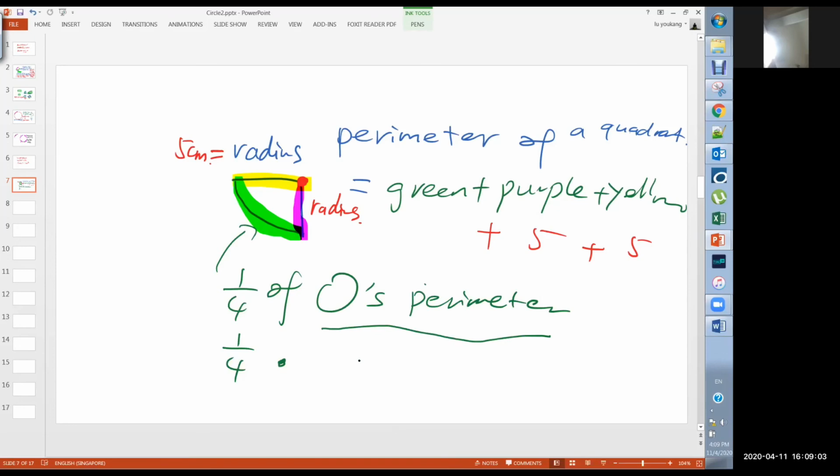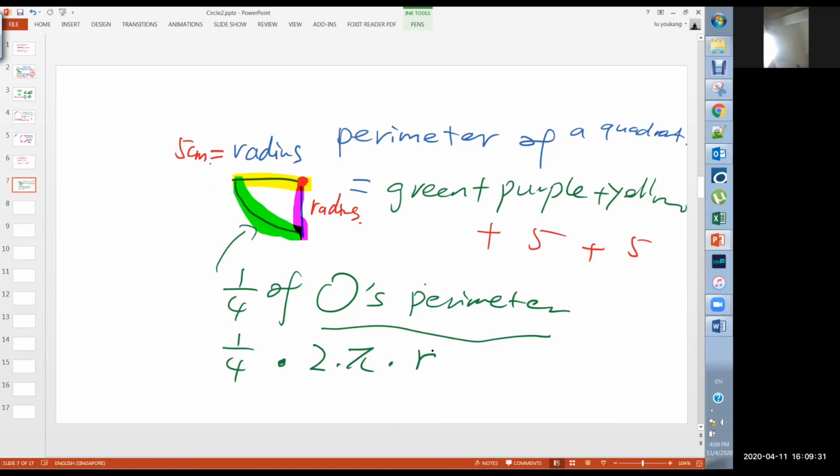What's the formula? Not the whole circle. What's the formula for perimeter of circle? 2 times pi times r. Very good.